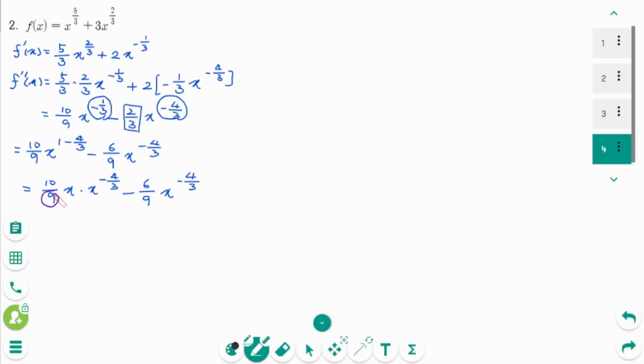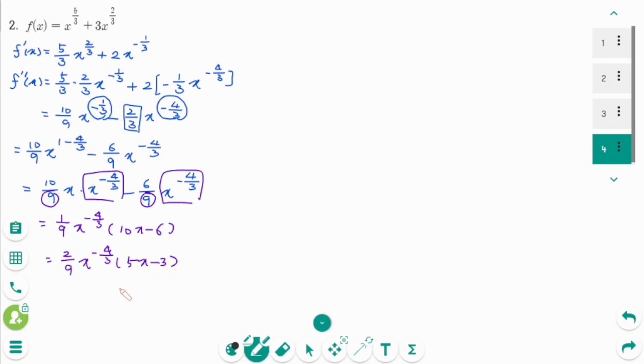Then we can factor 1 over 9, then x to the power of minus 4 over 3, 10x minus 6. Then we can rewrite as 2 over 9 x to the power of minus 4 over 3 times 5x minus 3.